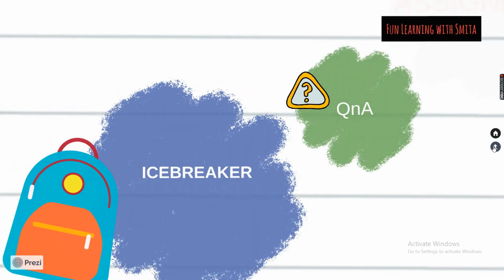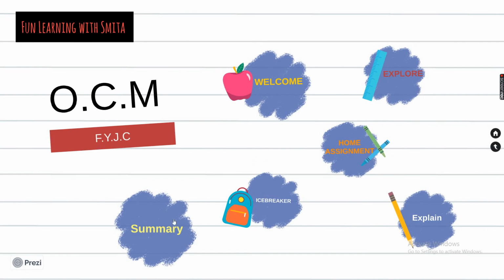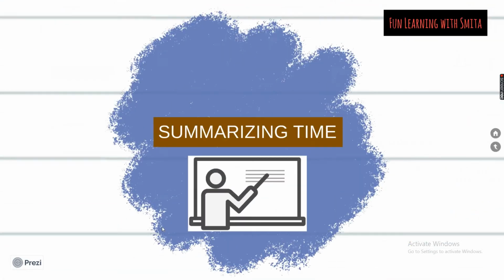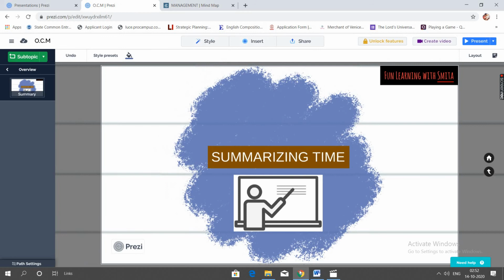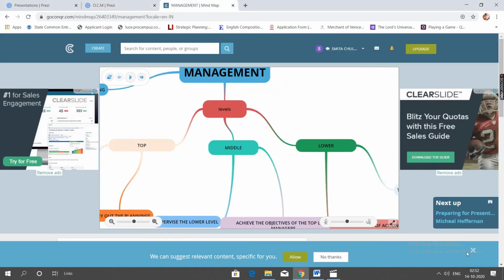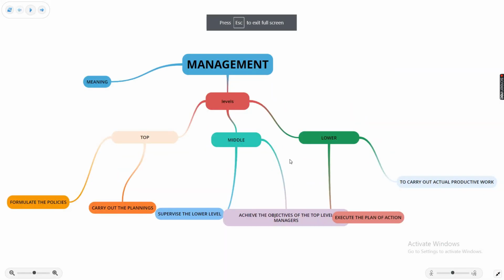After the brainstorming session comes the summary part, where you will be summarizing the whole lecture and what all was studied. So you may go on asking the students what was the topic, and you will mention it over here.